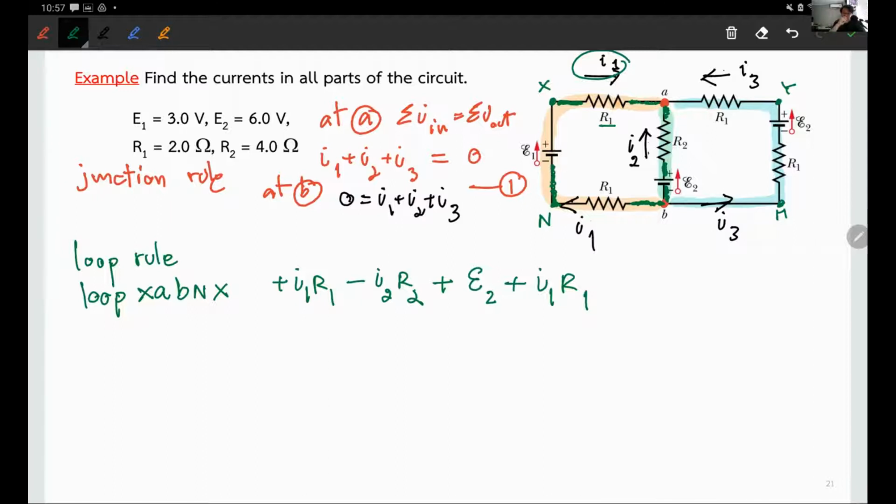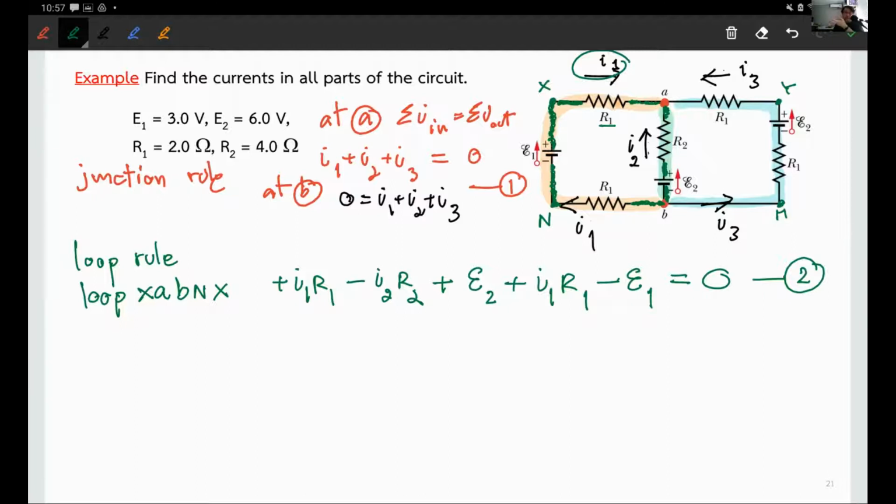Now I'm hitting the negative end of the battery E1, so I put a negative E1. Keep going. Now I am arriving at point X, which is the original point. I am completing the loop. Equate this whole thing equal to 0. Done. That's equation number 2. With me, guys? All right.